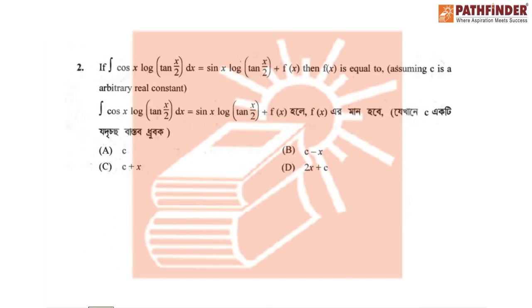Question number 2. Integration of cos x log tan x by 2 dx equals sin x log tan x by 2 plus f(x). So we will try to integrate it by using by parts.